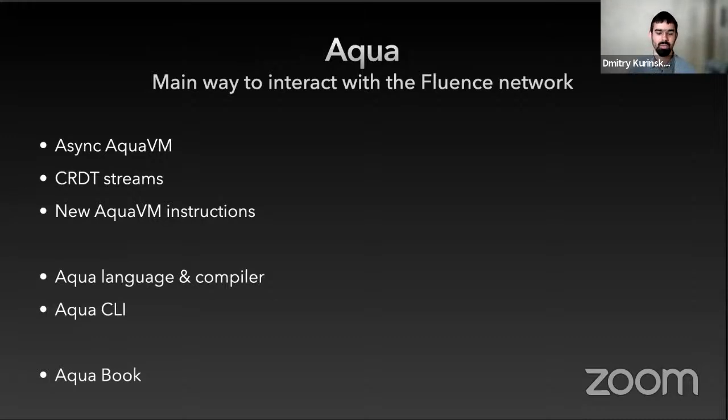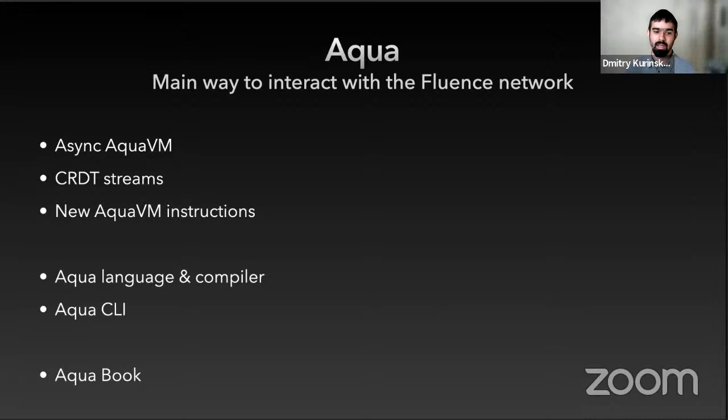For example, we switched from a synchronous to an asynchronous Aqua virtual machine, which had a huge performance impact. We implemented CRDT streams, so data is really CRDT now that backs this Aqua VM execution. And we introduced a few new and very necessary Aqua VM instructions, AIR instructions.